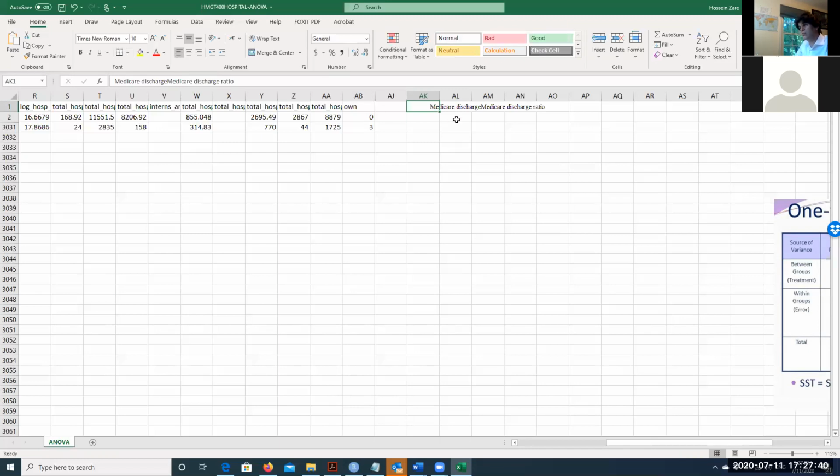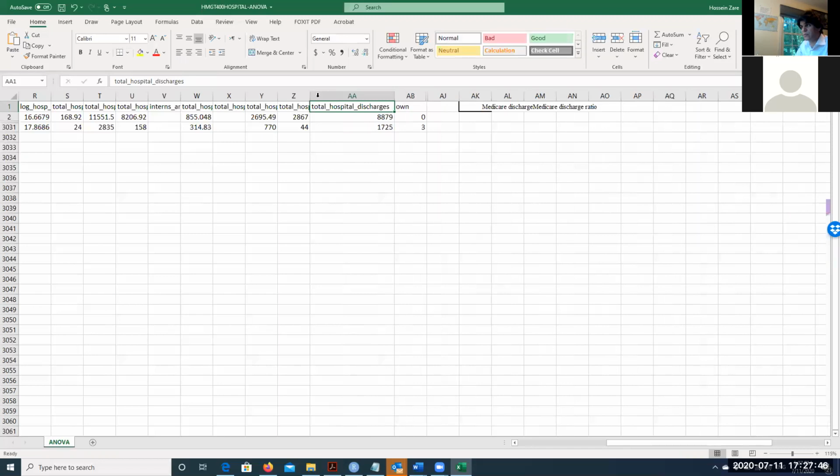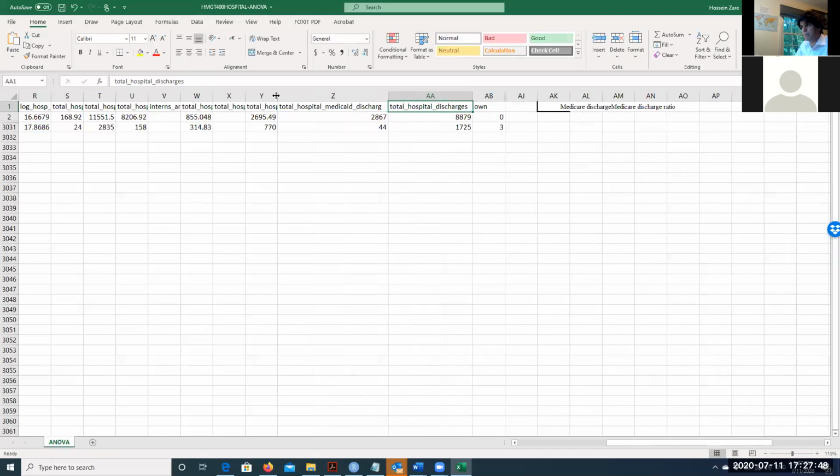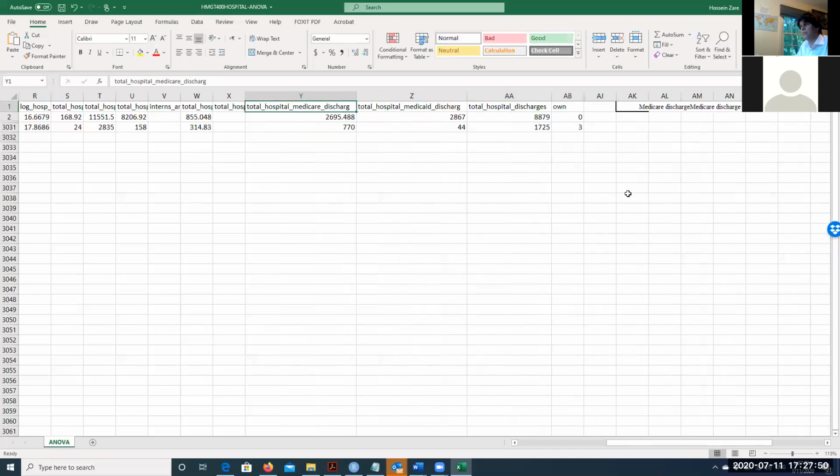This is total hospital discharge and this is total Medicare discharge. For the Medicare discharge ratio, you should divide Medicare discharge by total hospital discharge. Whenever you have one, you can drag it for the entire page.